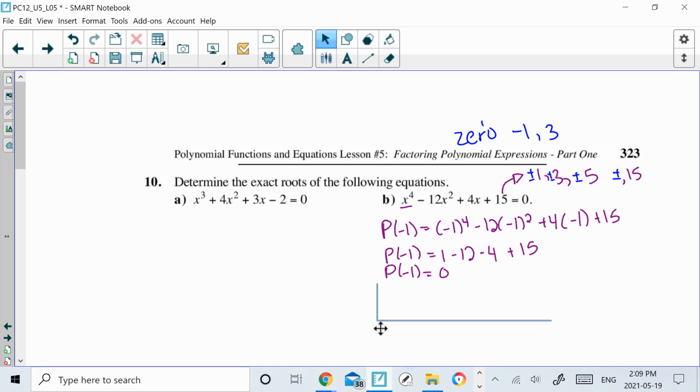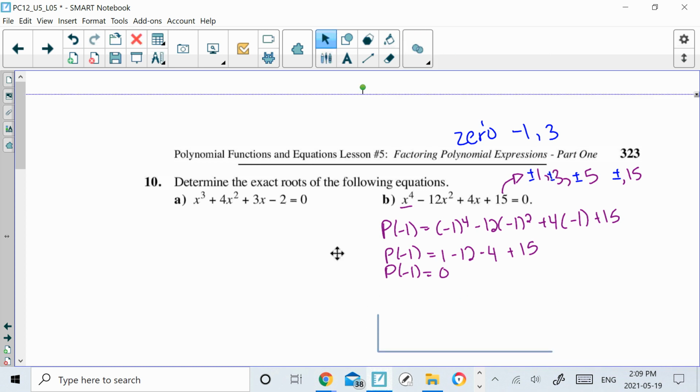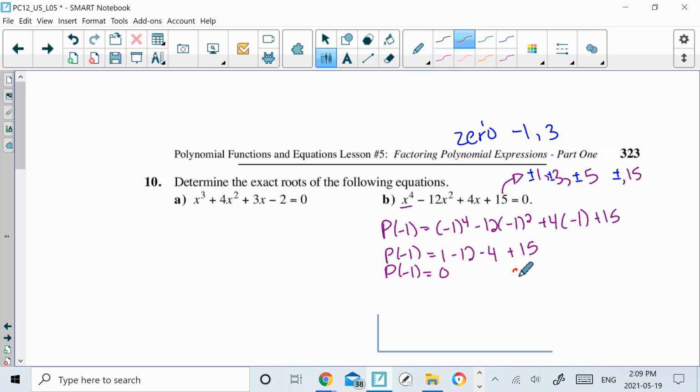Okay. So since p of -1 is equal to 0, what that means is that x plus 1 is a factor.